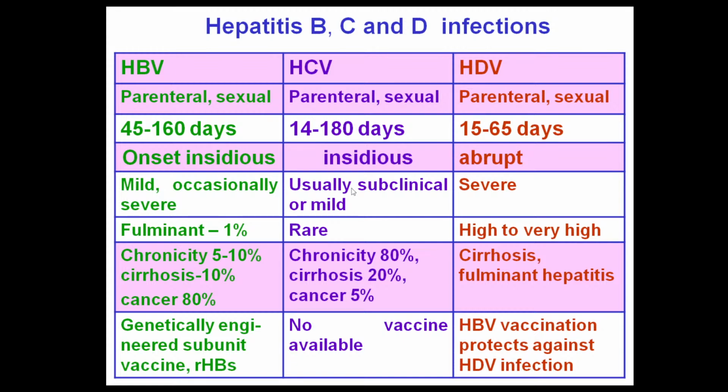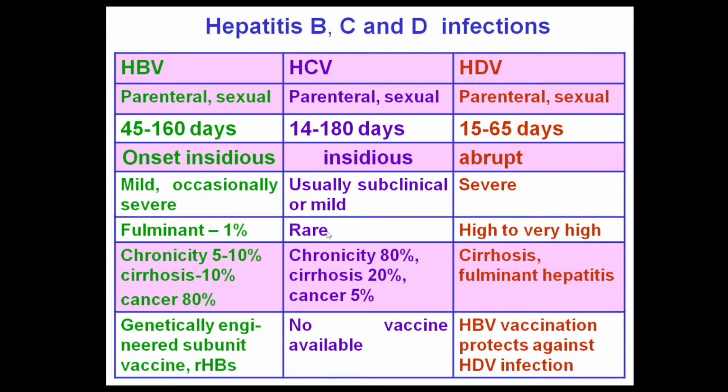So if we characterize the diseases caused by these hepatitis viruses with a short description: hepatitis B infection is usually mild, occasionally severe. Infection with hepatitis C is usually subclinical or very mild, but then the consequences can also be very severe. And the infection caused by hepatitis D virus is usually very severe, with a high to very high rate of death.